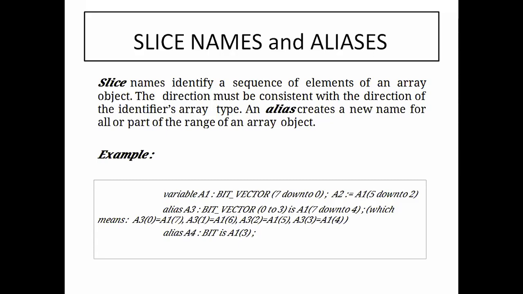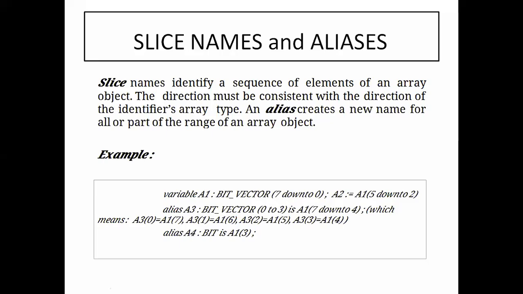And if you want to use a slice, then you can see here, for a part of the vector, from that 8 bits, for the first 4 bits we have used a3, 7 down to 4, and the remaining 4 bits we have named a1. That means within the same array, we have bifurcated two sequences and named them differently by using a slice.